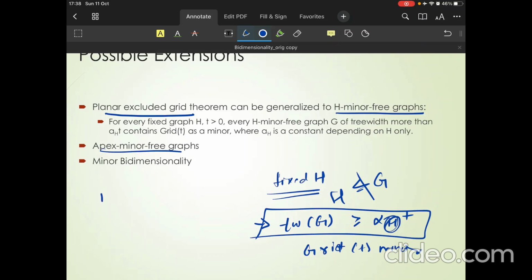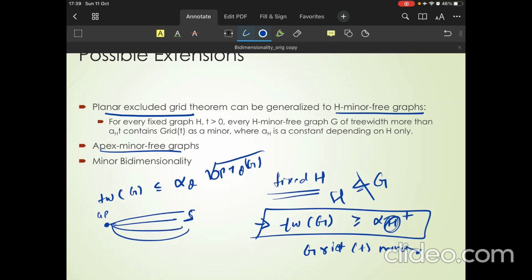We can also extend it to apex-minor-free graphs. We can claim that for every apex-minor-free graph, the treewidth of a given graph G is less than or equal to alpha_Q times the optimal value of G. So what is an apex graph? We consider a planar graph, choose an apex, and choose an arbitrary subset S of vertices.